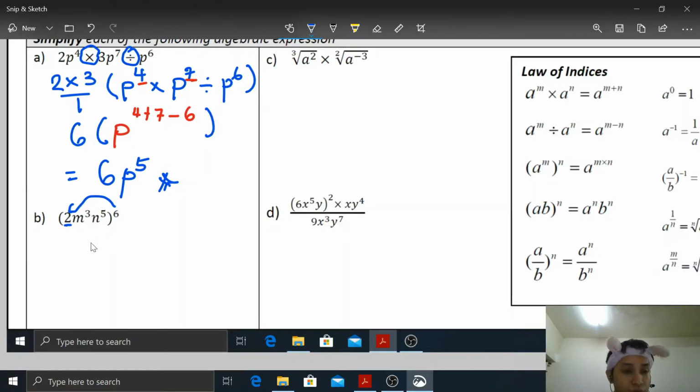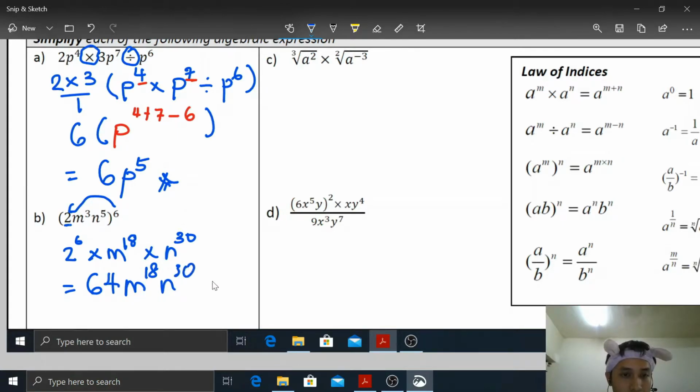So 2 to the power of 6, and 6 multiply 3 is 18, and 5 multiply 6 is 30. So 2 to the power of 6, how much is this? 2, 4, 8, 16, 32, 64, I think. Hopefully it's correct. So 64, and 18 and 30. That will be your answer.